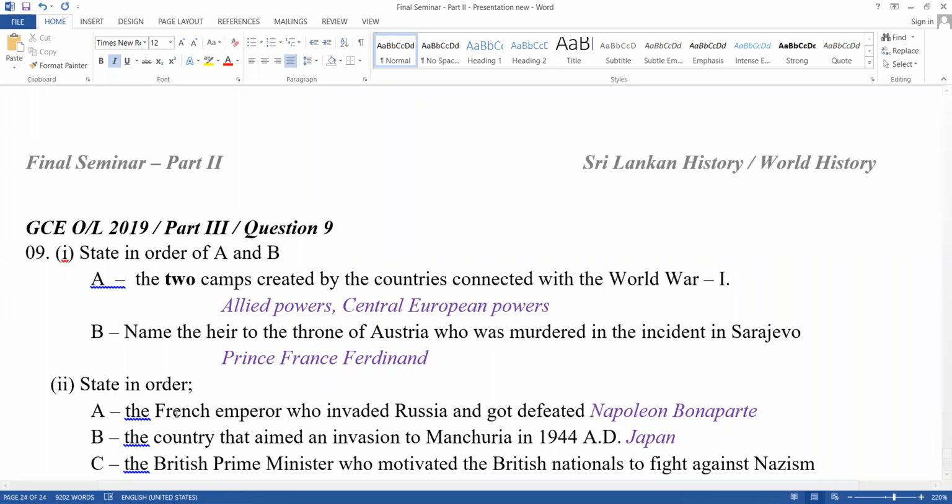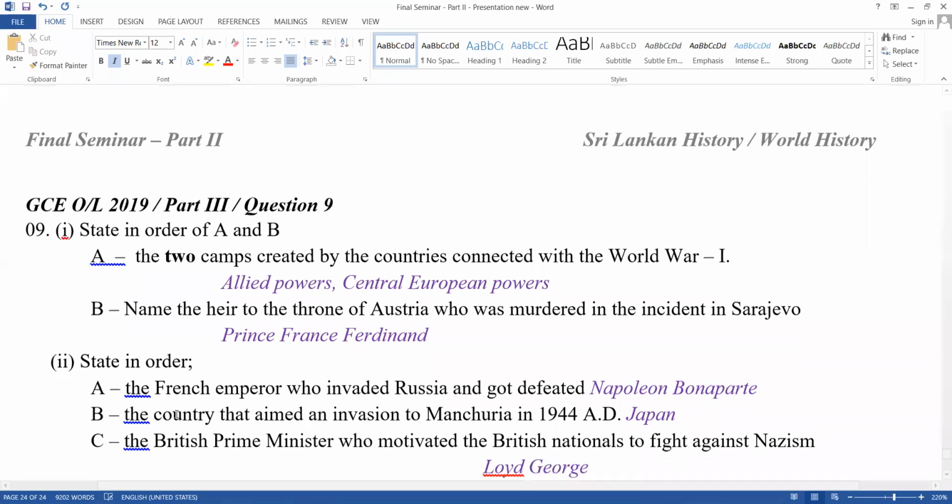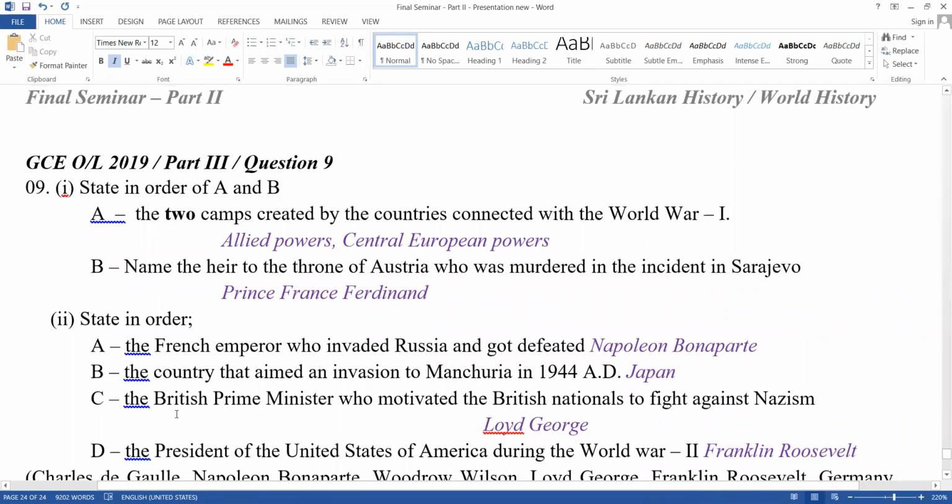The country that aimed an invasion to Manchuria in 1944, Japan. The British Prime Minister who motivated the British nationals to fight against Nazism, Lloyd George. The President of the USA during World War II, Franklin D. Roosevelt.